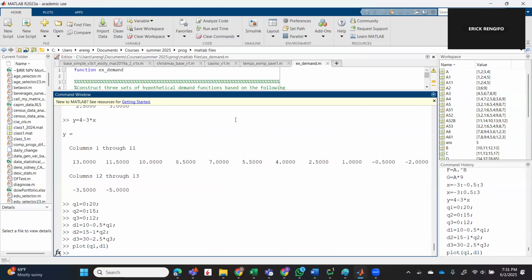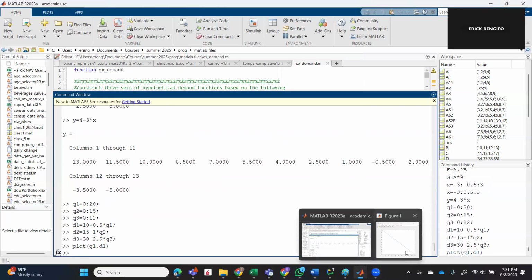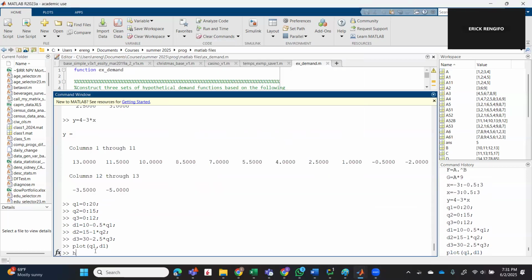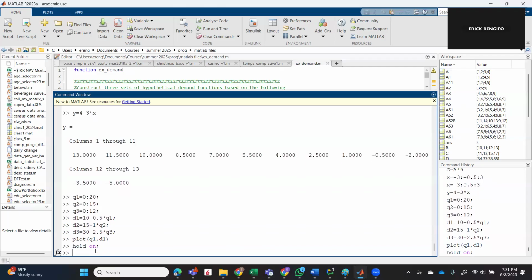Now, if I want to keep adding more lines to this same graph, please pay attention here. I will do something called hold on. Hold on tells MATLAB the new graphs are going to be part of the existing graph. Once we are done, we need to do hold off. Just remember that.